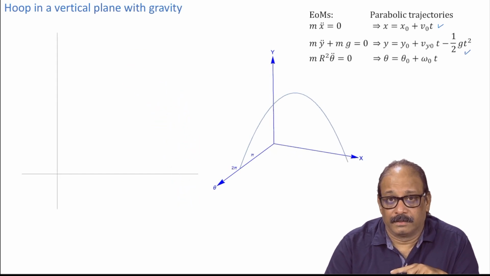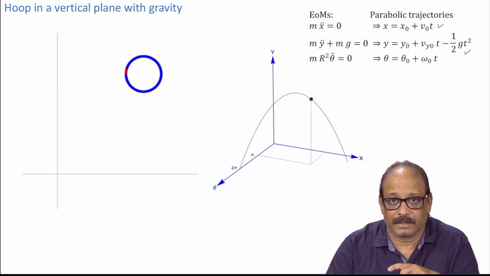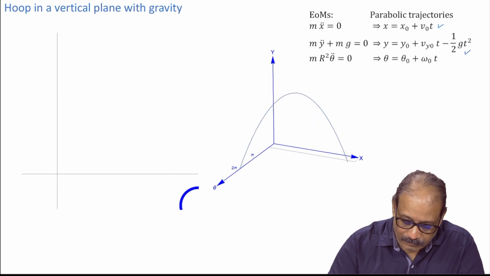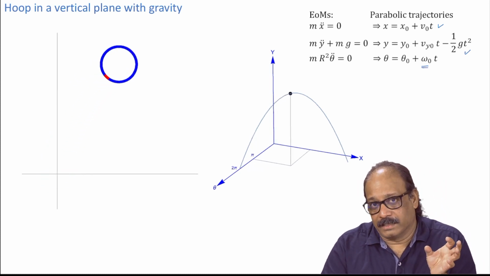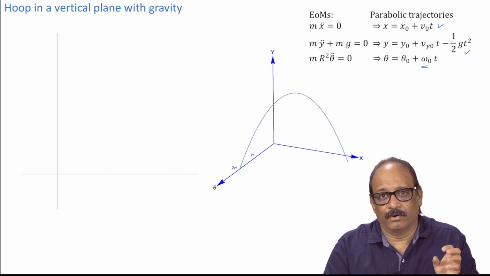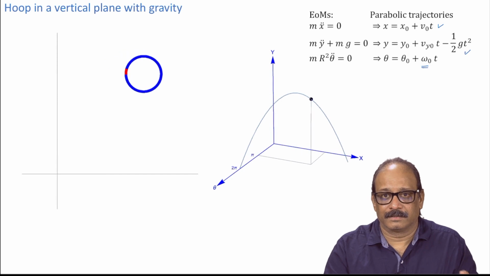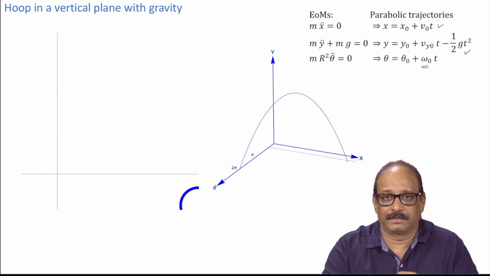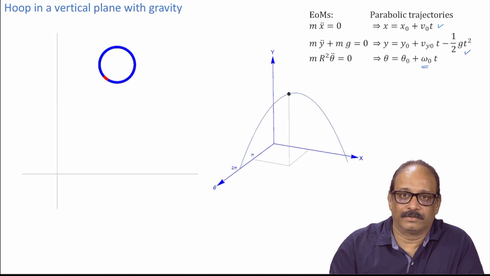And the third one, which is the theta coordinate, also changes linearly with t with some omega naught. Remember, because the angular momentum is a conserved quantity, whatever spin you give to the hoop at the initial point, it will follow a parabolic trajectory with the same spin throughout the trajectory.